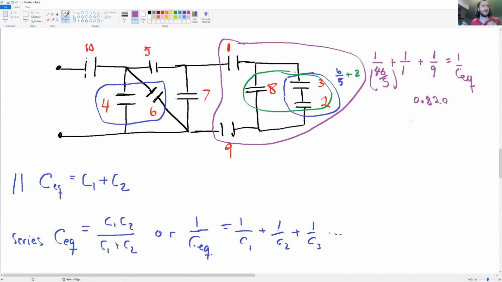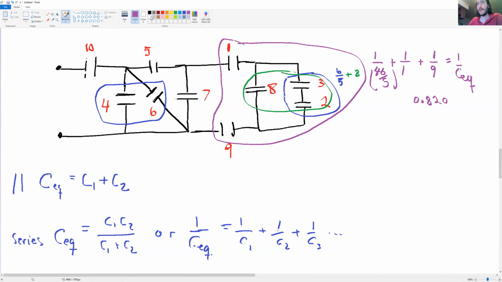And you've got to ask yourself at this point, does this answer make sense? When you have capacitors in series, you always end up with less capacitance than any of the capacitors in series. So 0.82 is less than 1. So that's our check right there. 0.82 is less than 1, so we're good.